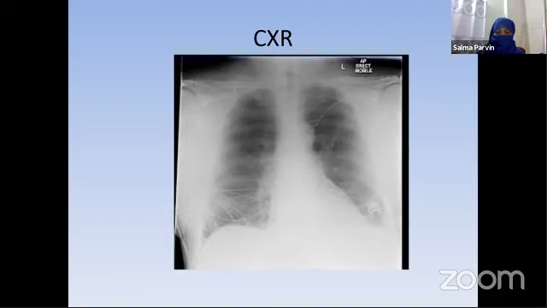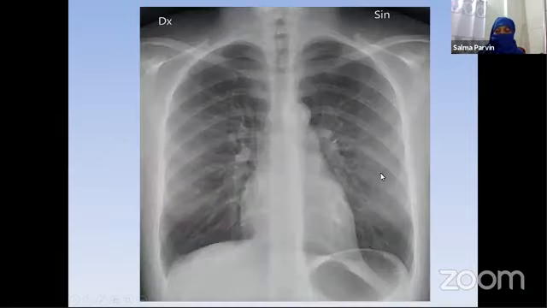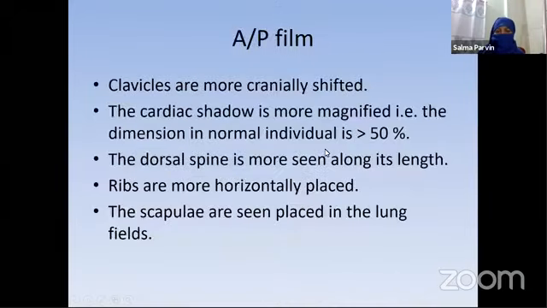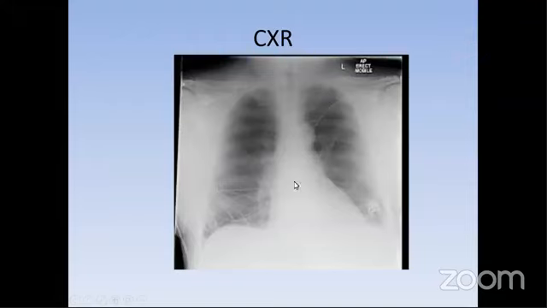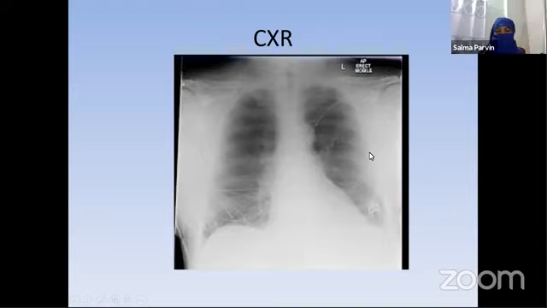What we are here to describe are the AP films. What about the clavicle? You see, the clavicle is cranially shifted, and the ribs are more horizontal in this film than in the previous film. You see these are obliquely placed there, and the clavicle is here. In this film too, the clavicle is cranially shifted and the ribs are more horizontal.